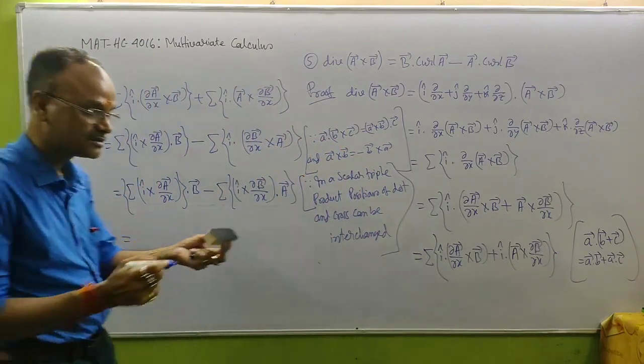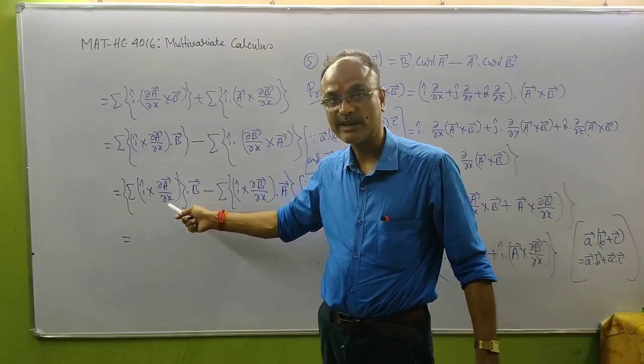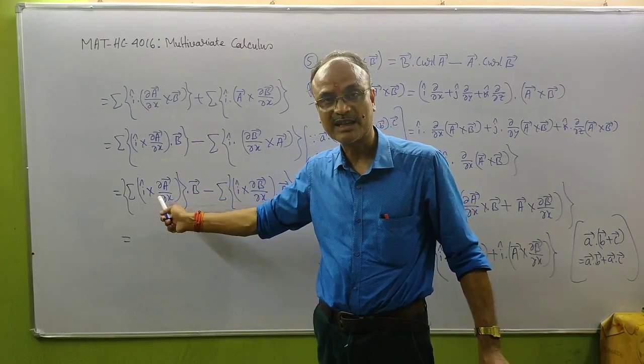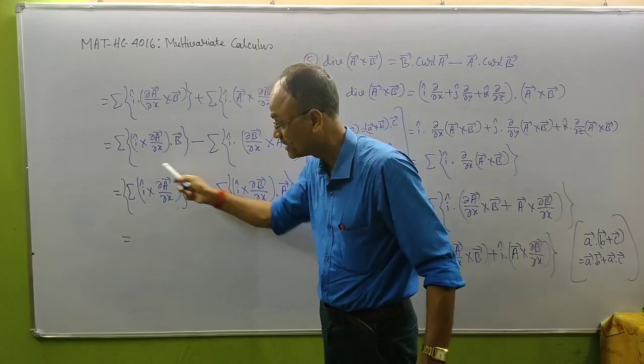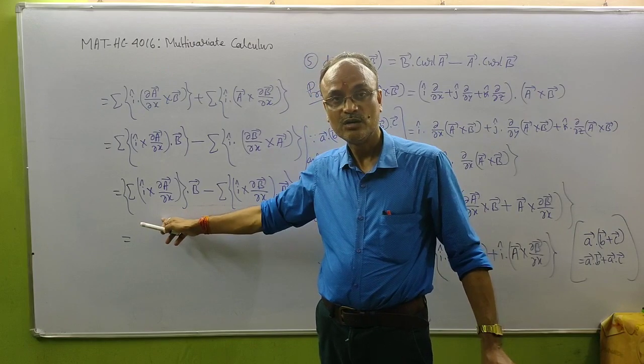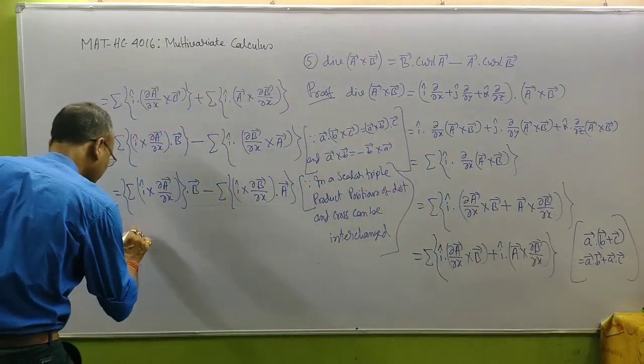You see what this is: i cap cross delta A vector by delta x plus j cap cross delta A vector by delta y plus k cap cross delta A vector by delta z. The summation of this stands for this, which is equivalent to curl of A vector. This is nothing but curl A vector.